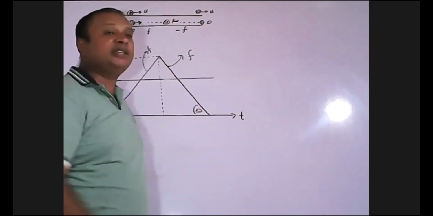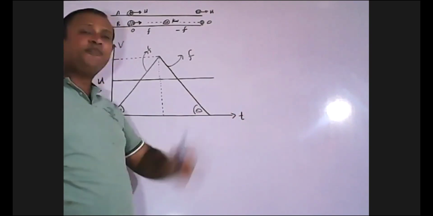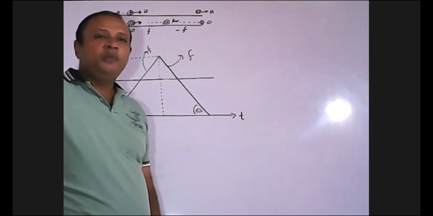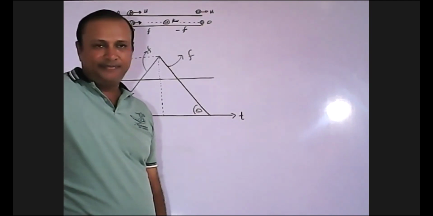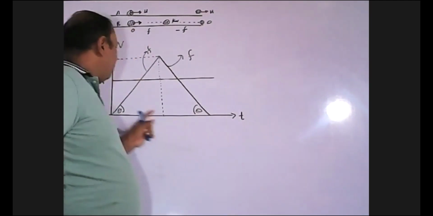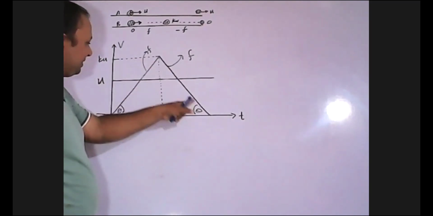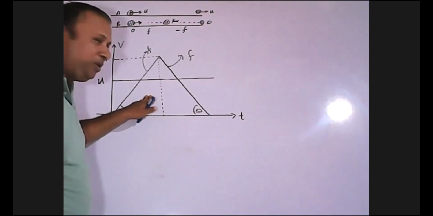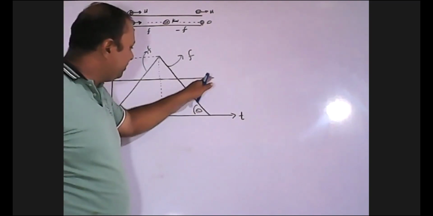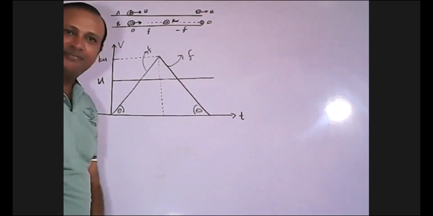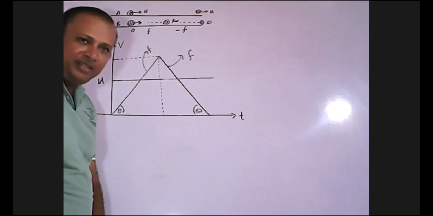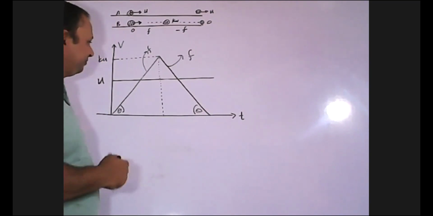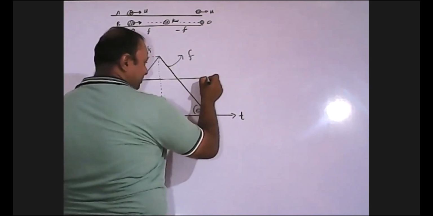Therefore, the distance travelled should be equal for both trains. So the area under this triangle should be equal to the area under this rectangle. When you are drawing this graph, you should be aware of that.